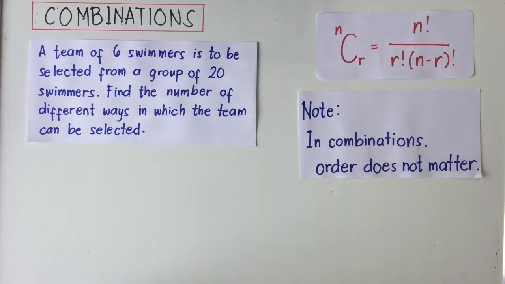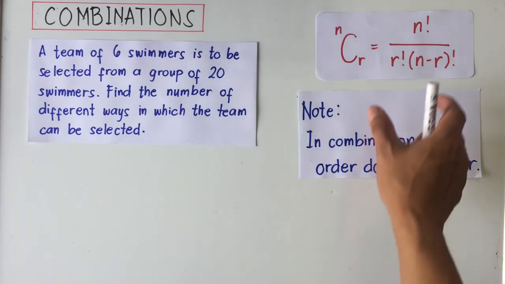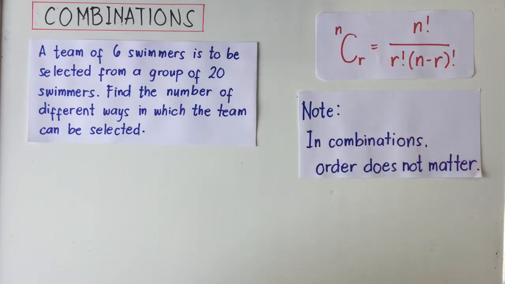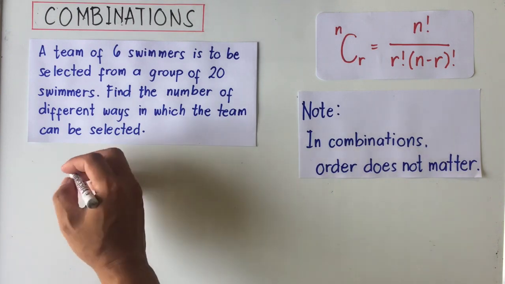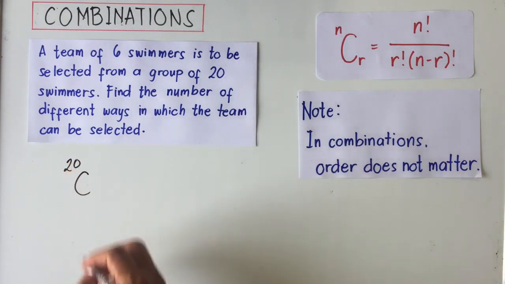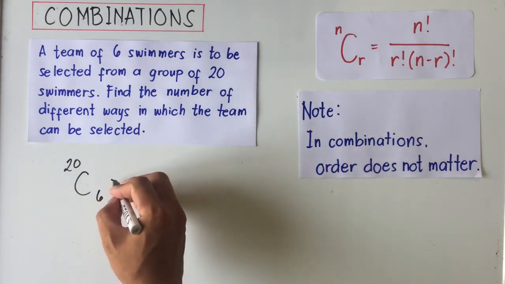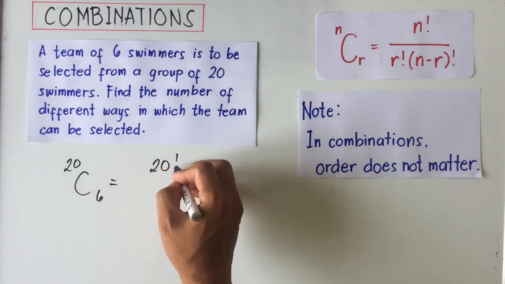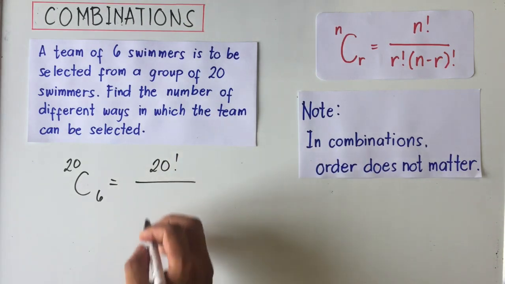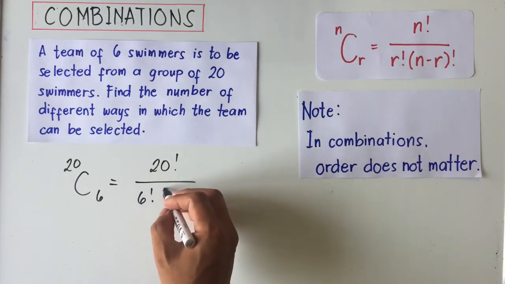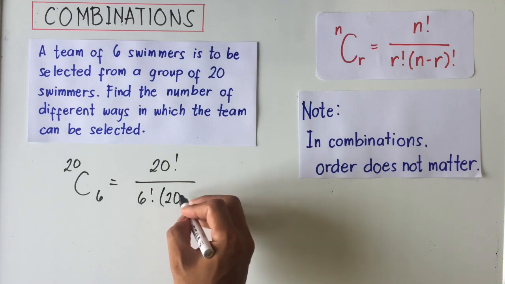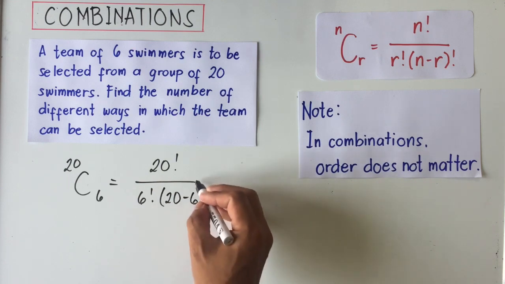To find the number of different ways, I will use this formula. n is 20, r is 6, so I'll have 20 factorial divided by 6 factorial multiplied by 20 minus 6 factorial.